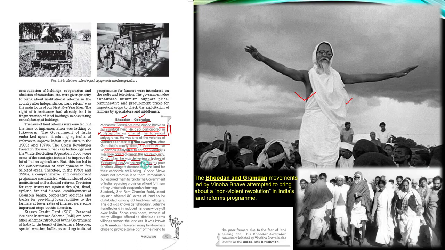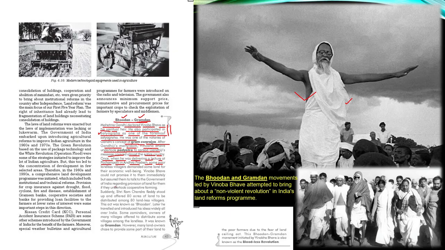So there was an incident which occurred when he was once delivering his lecture at Panchampalli in Andhra Pradesh, some poor landless villagers demanded some land for their economic well-being. And Vinoba Bhave could not promise it to them immediately, but assured them to talk to the Government of India regarding provisions of the land for them if they undertook cooperative farming.